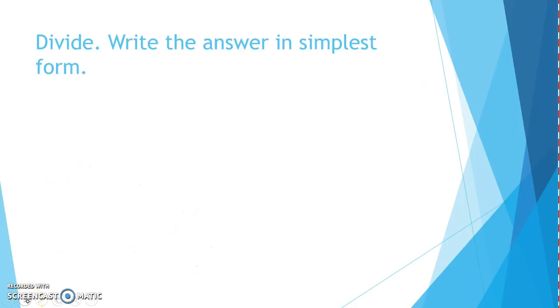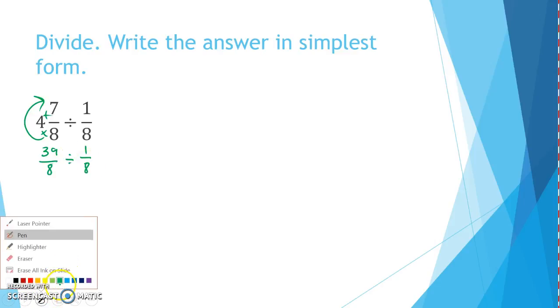Our next problems are also division, but here we're actually going to have some mixed numbers. So again, just like multiplication, when you see mixed numbers, you need to change those into improper fractions first. So we're going to use the Big C method, and we're going to get 39 over 8. And I'm going to keep this division still just to make sure we have everything done first. So now we have two fractions, and we can use our keep, change, flip here.